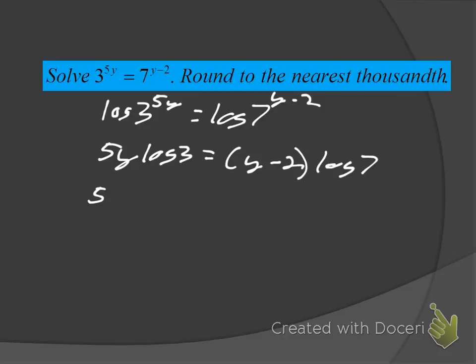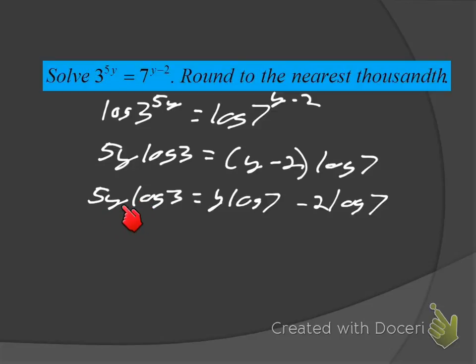So we're going to get 5y log of 3 equals y log 7 minus 2 log 7. Okay, so now we have everything distributed. We have multiple terms with y's in them right here, 5y log 3 and y log 7.